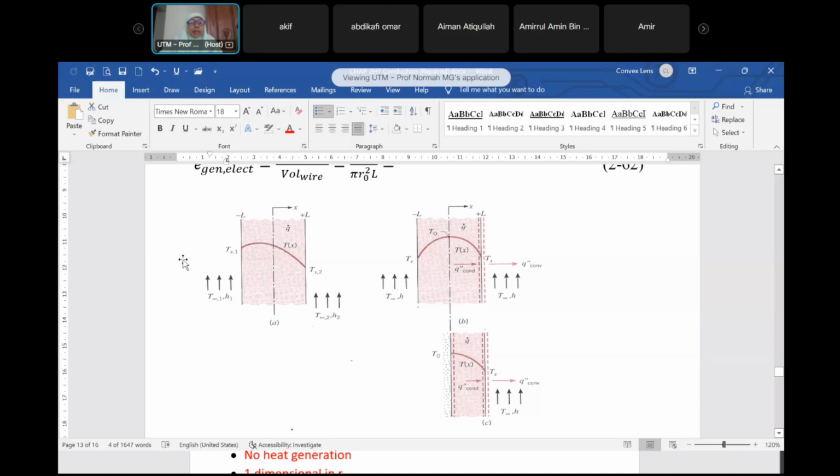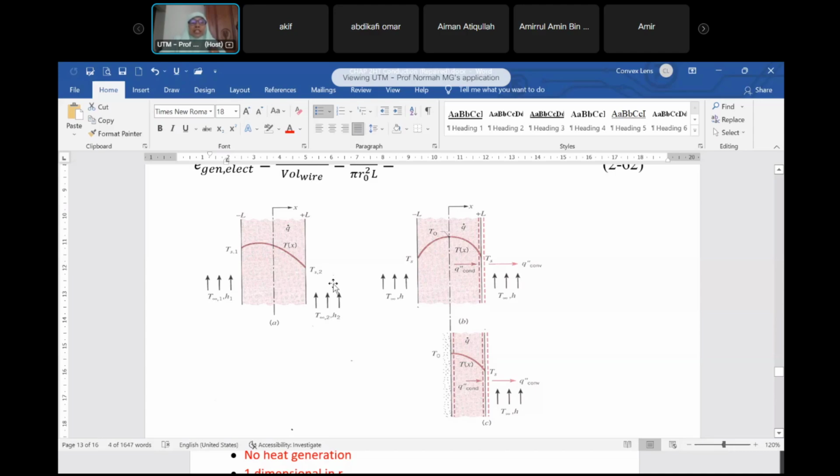Now, this side of the wall and that side may have the same fluid. If that is the case, you may still have a different convective coefficient because sometimes here is faster, h is higher, forced convection. Maybe this side is natural. Convective heat transfer coefficient for natural convection is lower than that of forced convection. So if it's surrounded by the same material, then perhaps you may have h1 equal to h2. The temperature also may be the same.